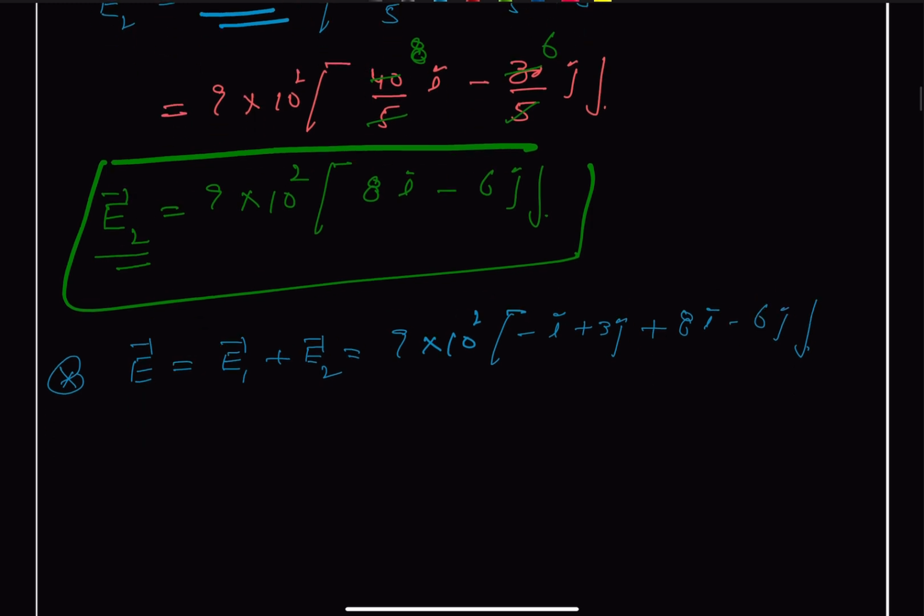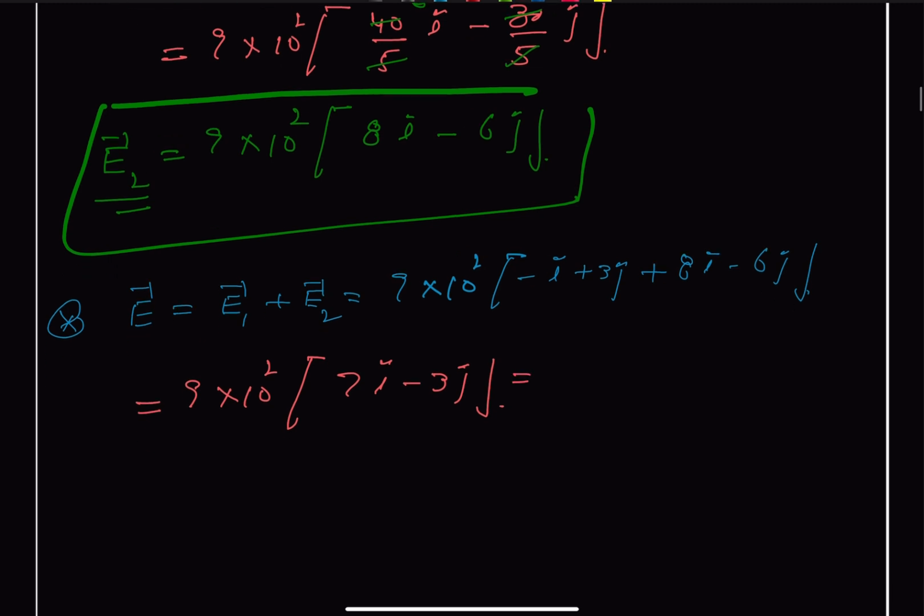Therefore, we get this as 9 into 10 raised to the power 2, and this comes as 8I minus I is 7I, and this comes as minus 3j. And we can just now multiply by 9, and this comes as 63I minus 27j, and multiply 10 raised to the power 2 volts per meter.